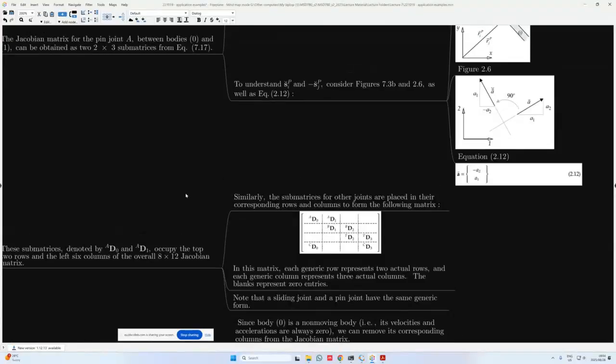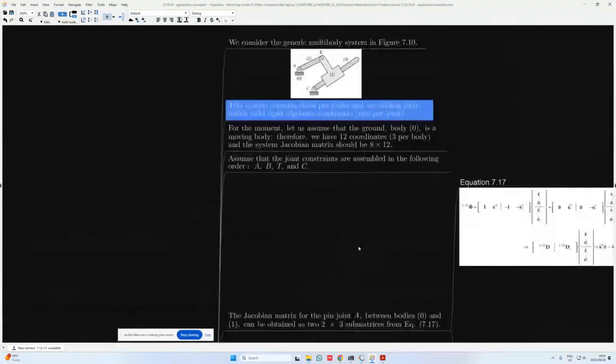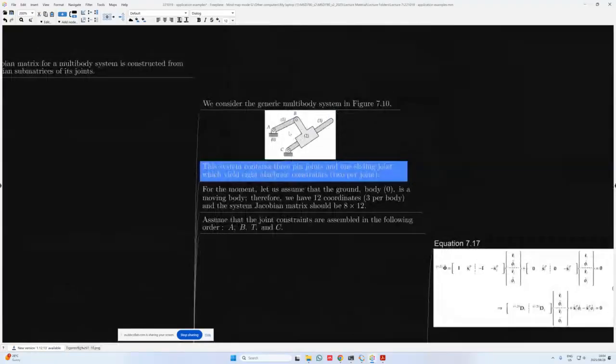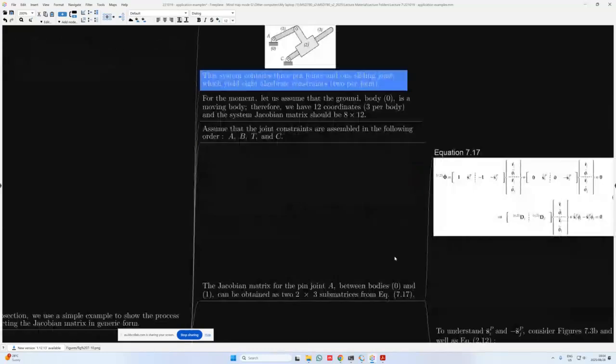Well, if we look at joint A, which we said is the first joint that we specify, we know that joint A is acting between bodies 0 and 1. So when I specify its Jacobian properties, it needs to correspond to the columns for bodies 0 and 1, and also the first row, or the first set of rows that correspond to the constraints of the revolute joint.